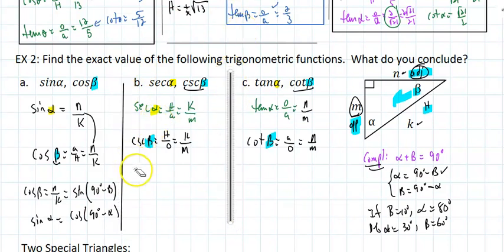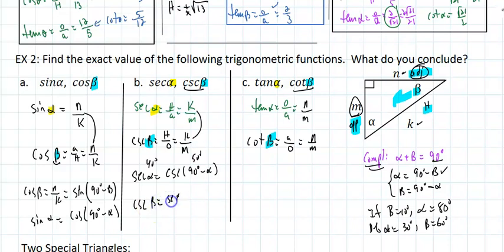And similarly, I know that the secant of alpha is the cosecant of 90 degrees minus alpha, meaning the secant of 40 degrees is the cosecant of 50 degrees. They must add up to 90 degrees. And similarly, the cosecant of alpha is the secant of 90 minus that angle.